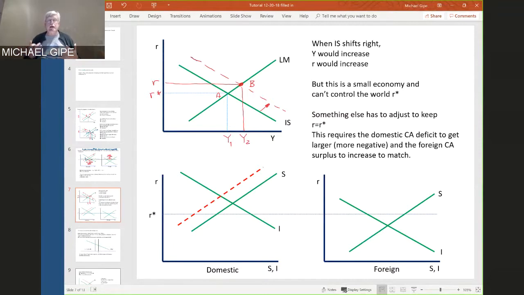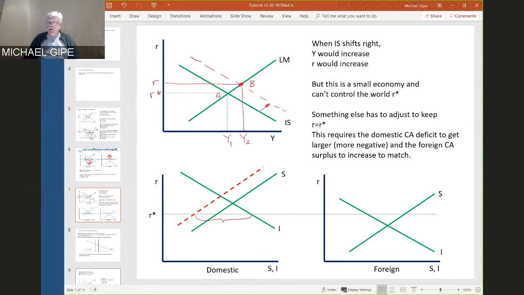The small economy cannot drive the rest of the world and change its interest rate based on local policies. So what this is really going to do is require that the domestic current account deficit gets larger. That's a given because it's going to have to move to this level in order to get that savings down.